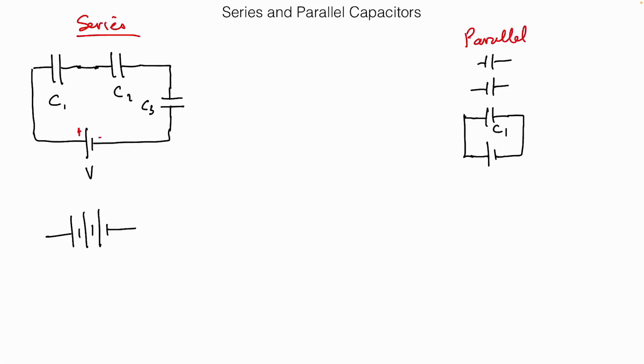But if I now make a junction, I come up here and go through capacitor 2, and then again through capacitor 3, how many junctions are in this circuit now? 4. Where are they? 1, 2, 3, 4. Every place.